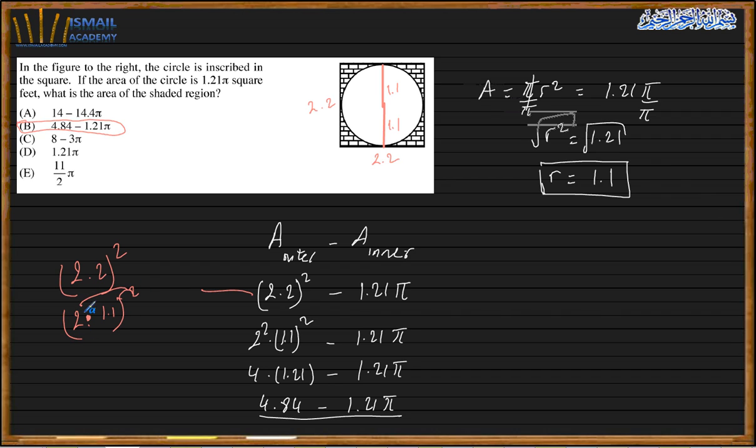Then I distribute the square, so it's 2 squared times 1.1 squared. This is exactly how I went from here to here.